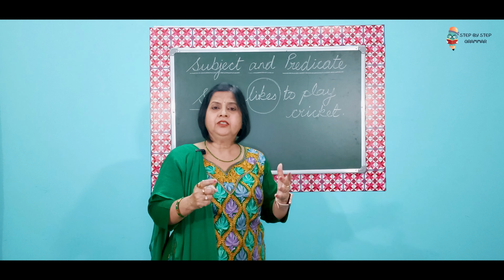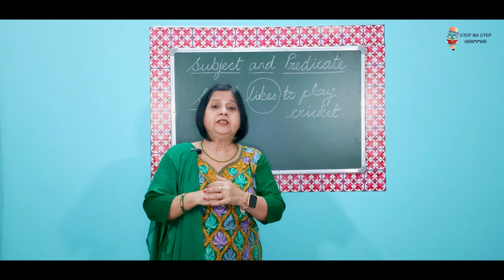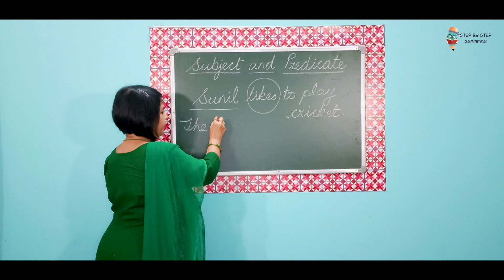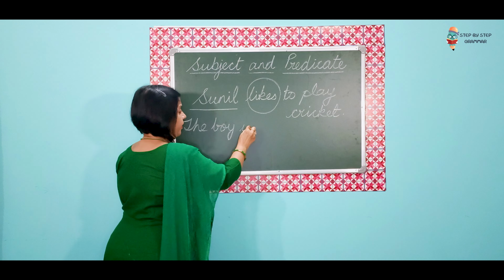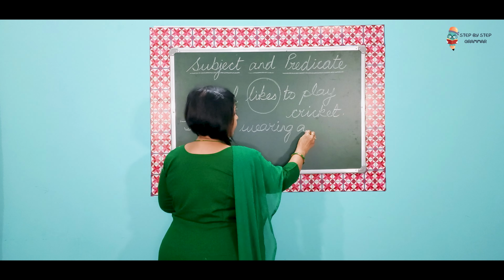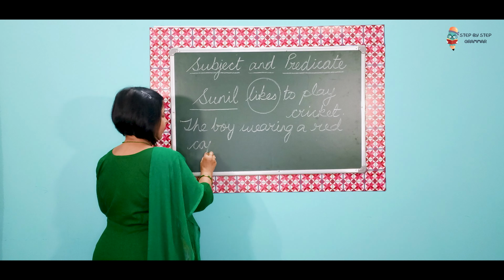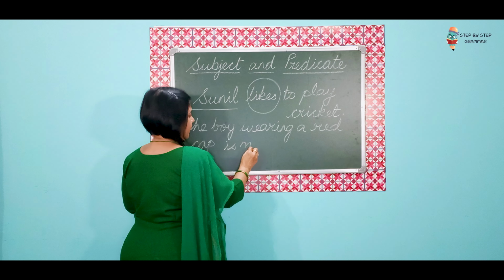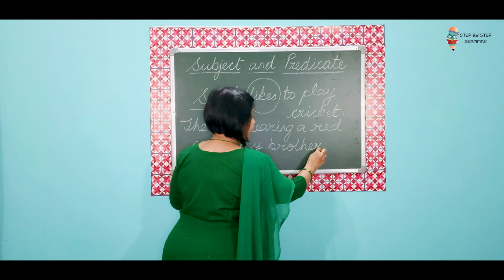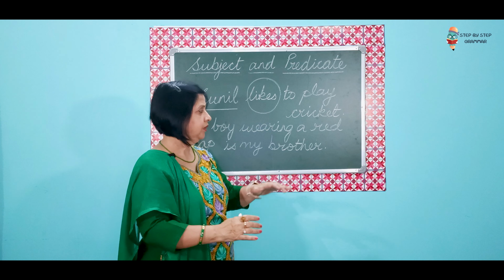For example, I speak about a boy. Now, I want to give a little more details about the boy. So, I can say, the boy wearing a red cap is my brother. Long sentence, but if you were to look at it, whom are we talking about?